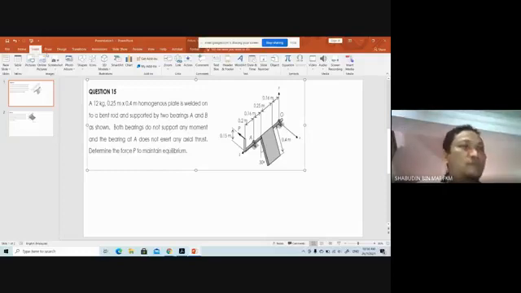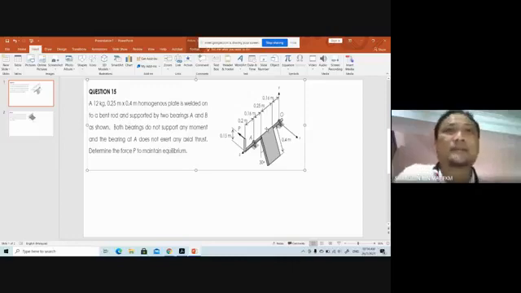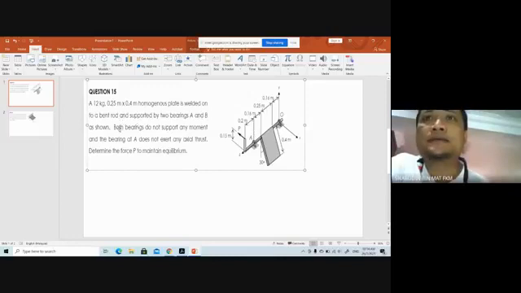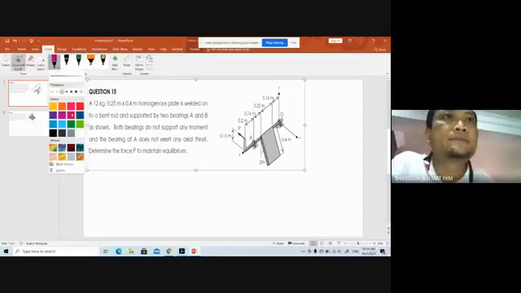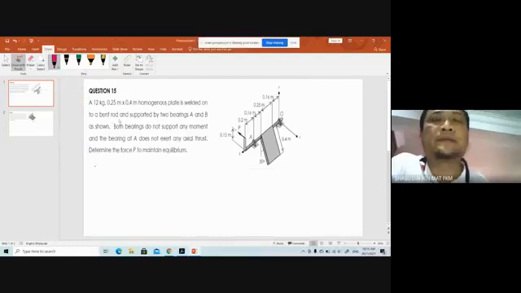Bearing A and B, both bearings. Draw this, and that color is the homogeneous plate. A and B.